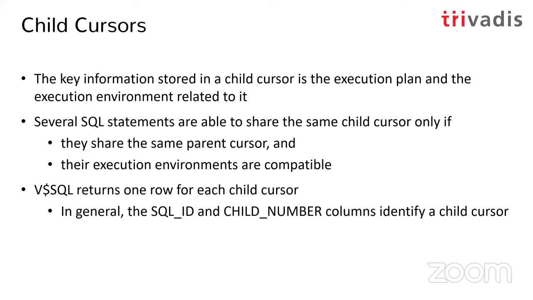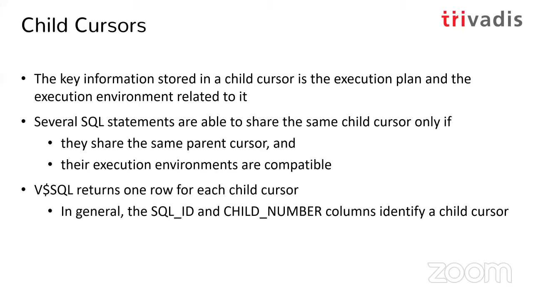So I showed you that to be able to reuse a child cursor, you need to share the same parent cursor and have a compatible execution environment. If you're looking for child cursors, the view you have to query is V$SQL, and to identify a cursor you need the SQL ID and the child number.